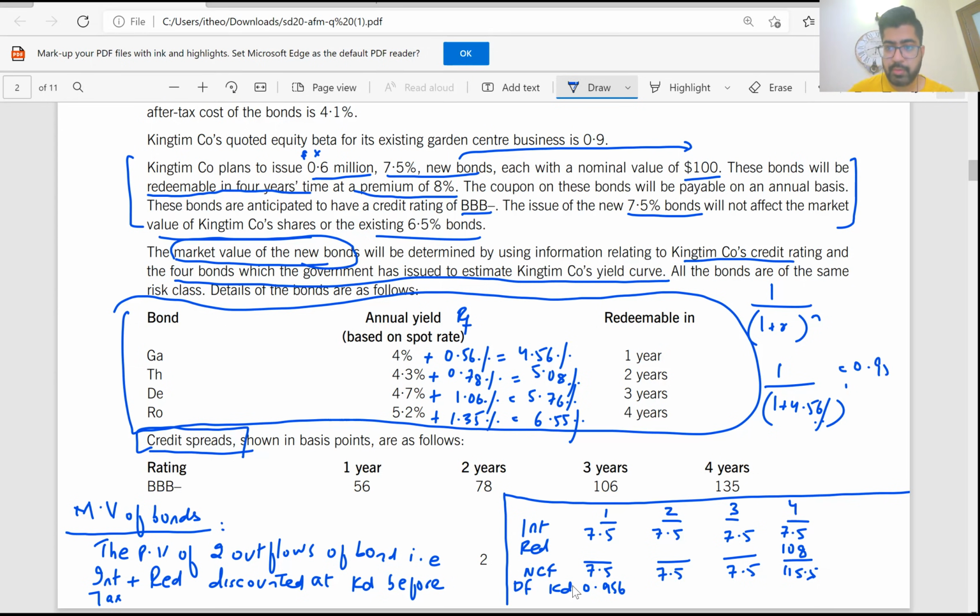I will not compute for each year, just giving you an idea. For the second year, it's 1 upon 1 plus R. What is the R for the second year? 5.08%. And N is 2. That gives 0.905.